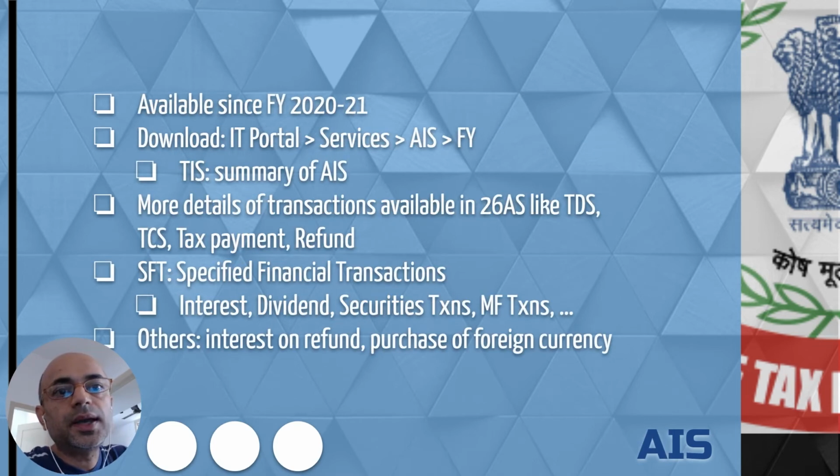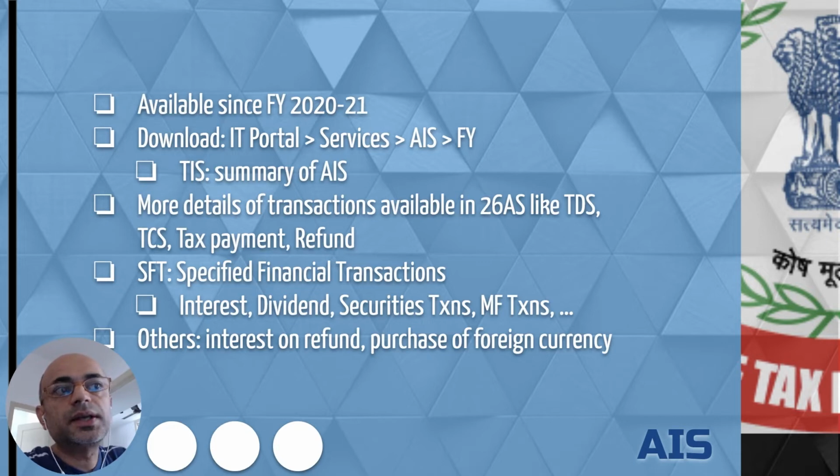So the new AIS started and is available since financial year 2020-21, I think mostly around October, November last year, 2021. You can download your AIS after logging into the IT portal under Services, AIS, for a financial year.